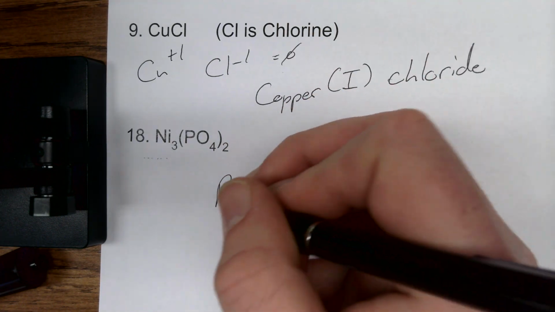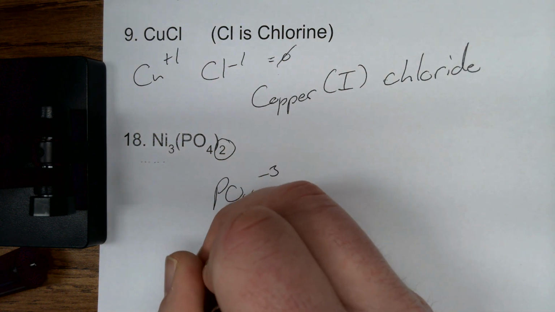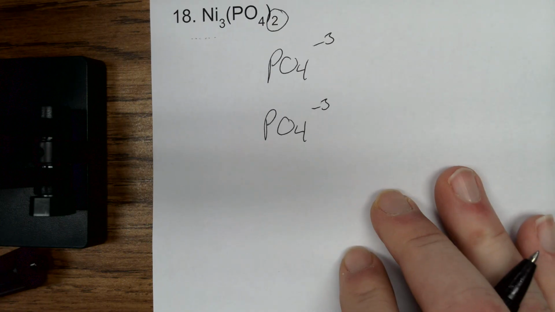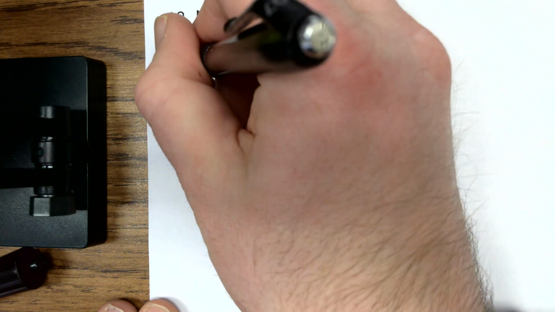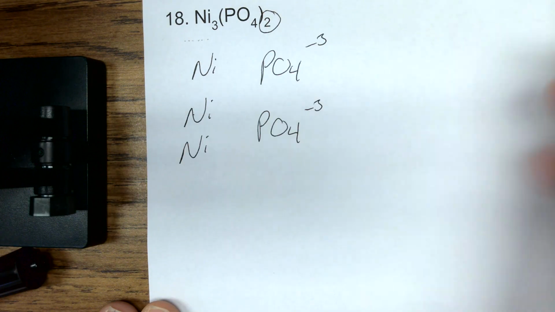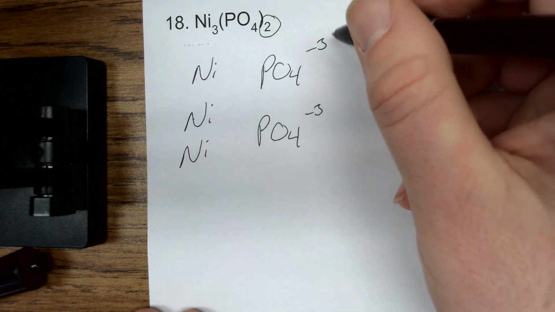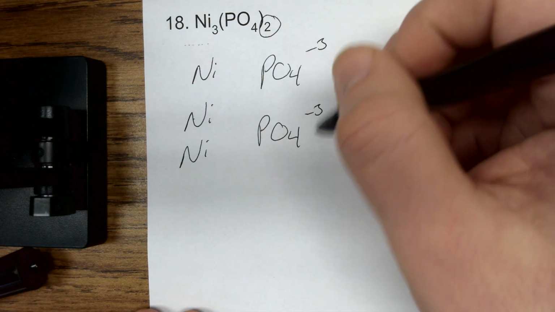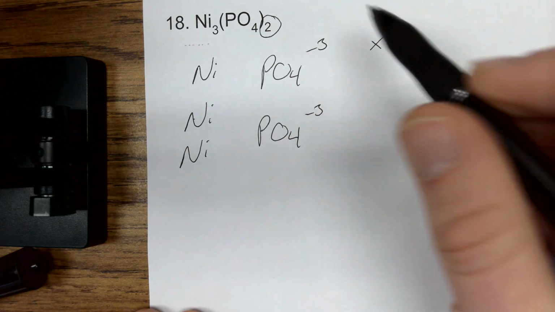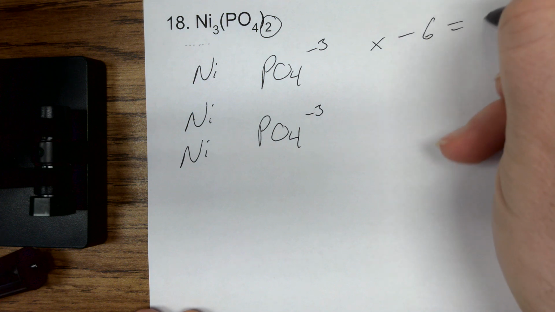I can see I have 2 of those, PO4 -3. And I have 1, 2, 3 nickels. How many am I going to do, -3 or -6 over here? X minus what, 3 or 6? 6. Has to equal 0, right?